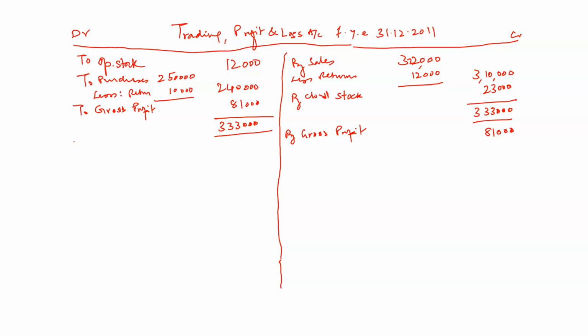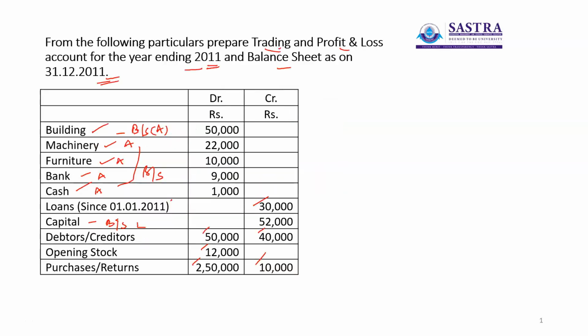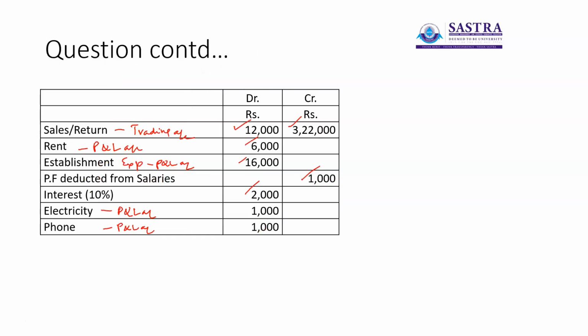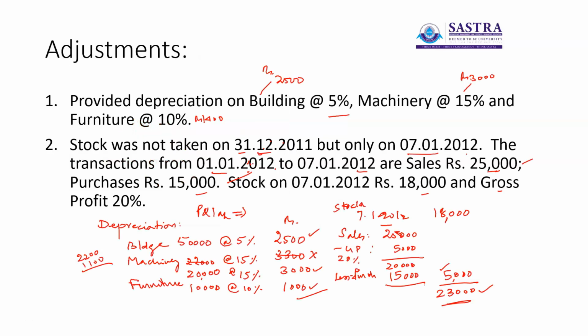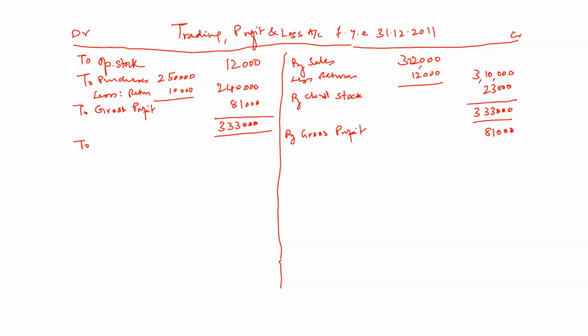So I'm recording all expenses by referring to the trial balance. It starts with the rent. Rent rupees 6,000. There is no outstanding or prepaid rent, so I'm just extending the amount to the outer column.